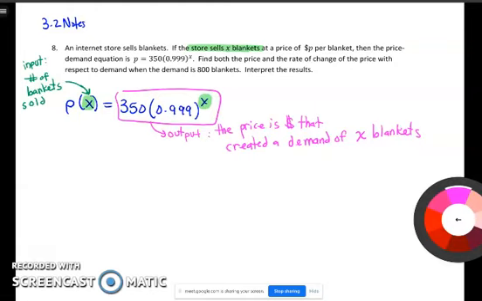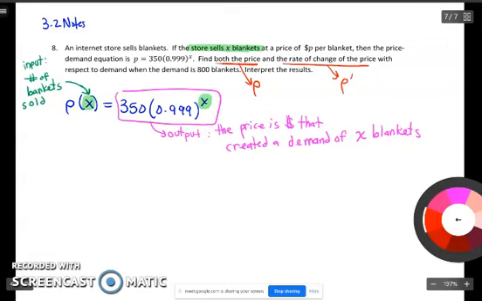Okay. So we're being asked to find both the price and the rate of change of price. So we need to find just straight up P, and we need to find P prime. When the demand is 800 blankets, the number of blankets was an input.